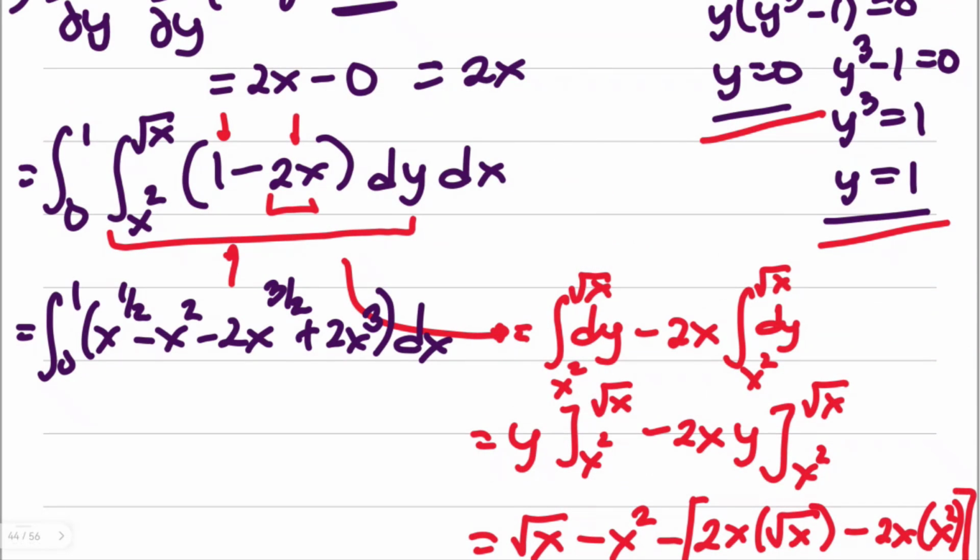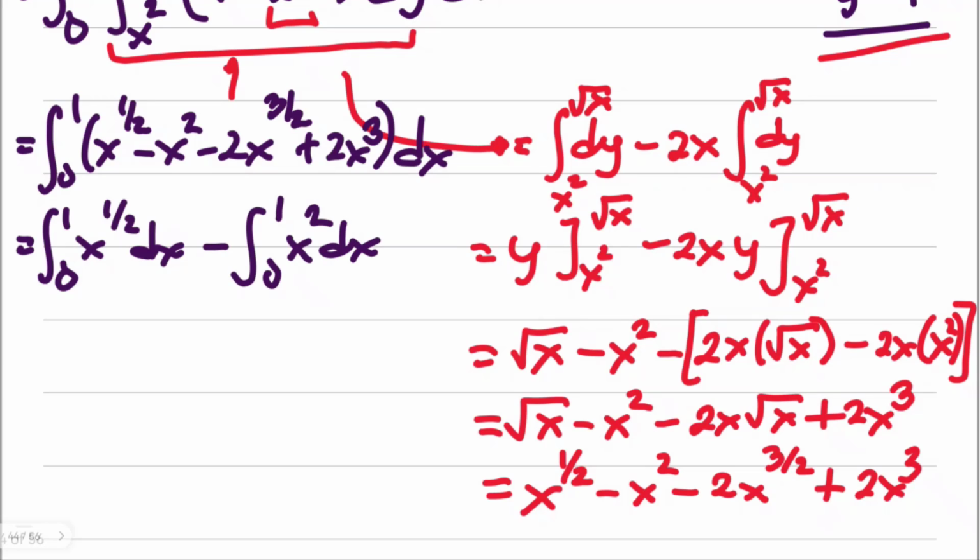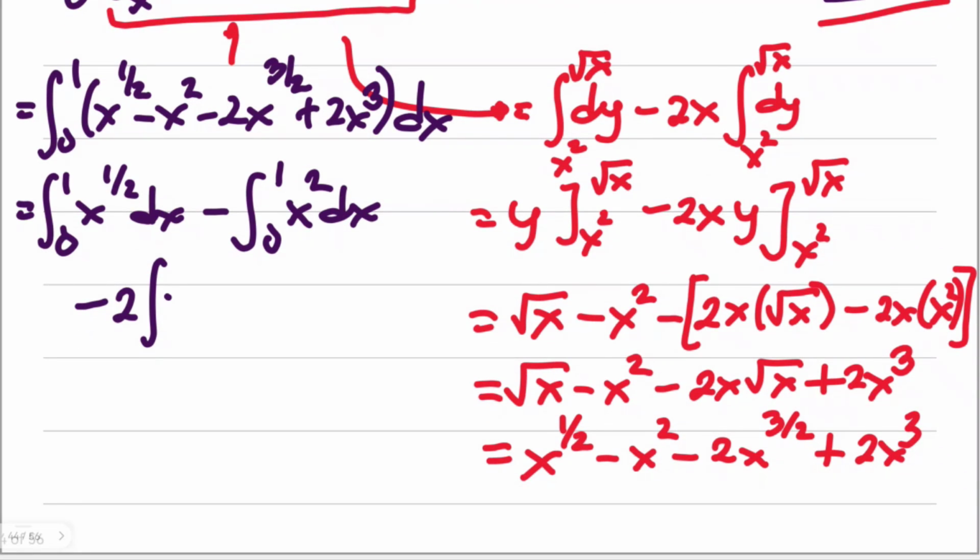And of course all of them are now in x. So you will have to apply here the rules on integrals. So for this, 0 to 1 of x to the power of 1/2 dx minus 0 to 1 of x squared dx minus 2, linearity property, you will have here x to the 3/2 dx, and again plus, linearity property, 2x cubed dx.